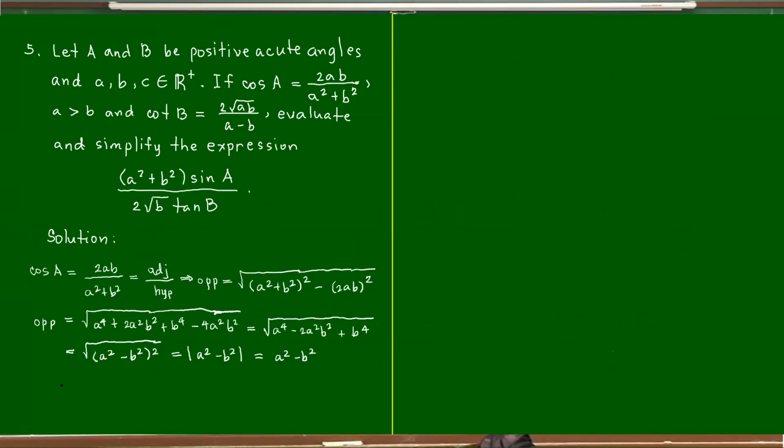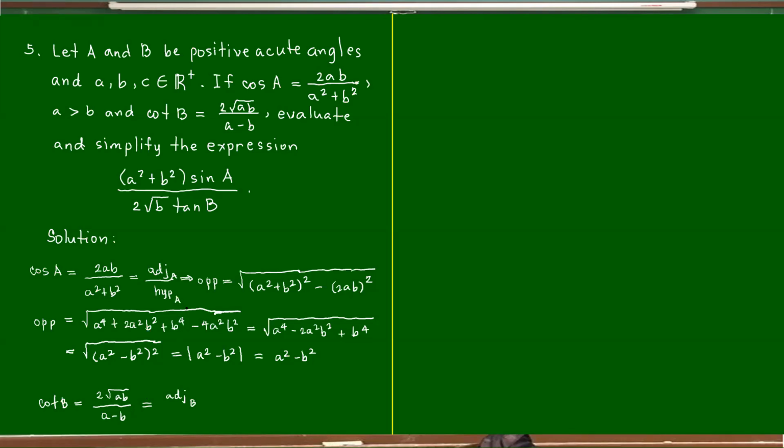Okay? So next, what about tangent? Cotangent B. So what is cotangent B, children? Adjacent over opposite. So 2 square root of AB all over A minus B. So from which it follows that this is adjacent to B. To distinguish, let's put subscripts.